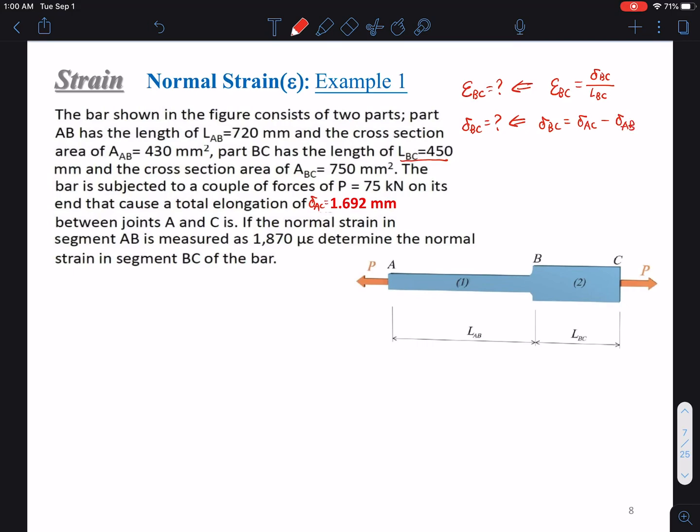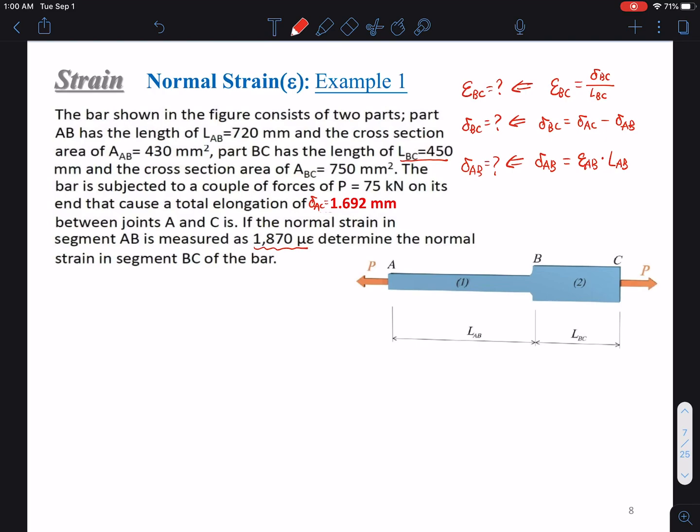Then do we know delta AB? No, we don't know delta AB. But we know the strain of AB, right here. The strain in segment AB is measured 1870 microstrain. So we can calculate delta AB from the equation epsilon AB times the original length LAB.